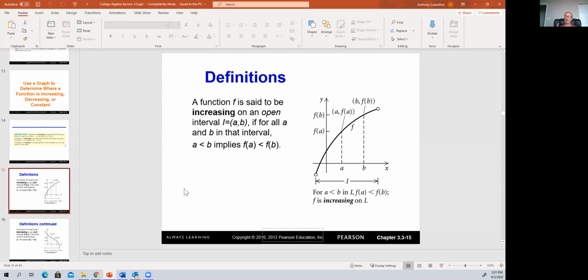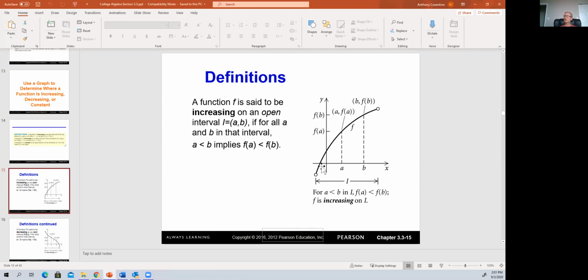What we mean by that is the two endpoints aren't included. You'll get a better feel for that when you get into calculus because these endpoints typically are places where the slope might end up being zero. So we are just going to exclude that in the definition.